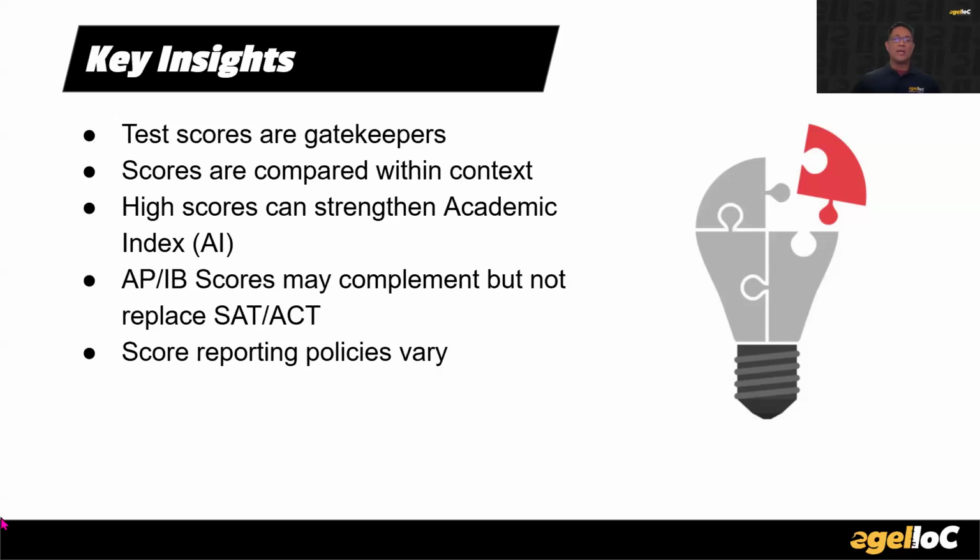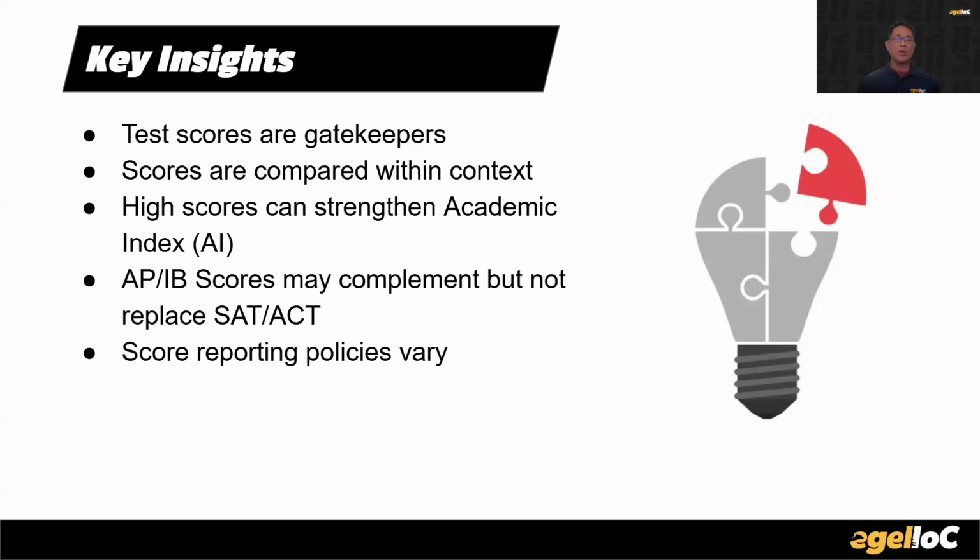High scores can strengthen the academic index. Okay, so at highly selective schools, test scores feed into their academic index, which is a metric used to compare applicants very quickly with respect to their academics. But remember, we've always mentioned academics, activities, application. Academics is the least important, but it doesn't mean it's not important, right?